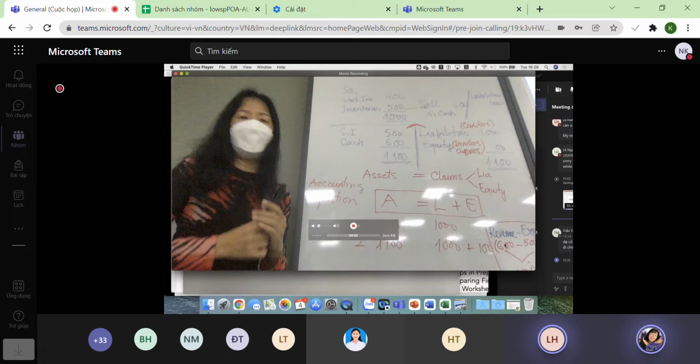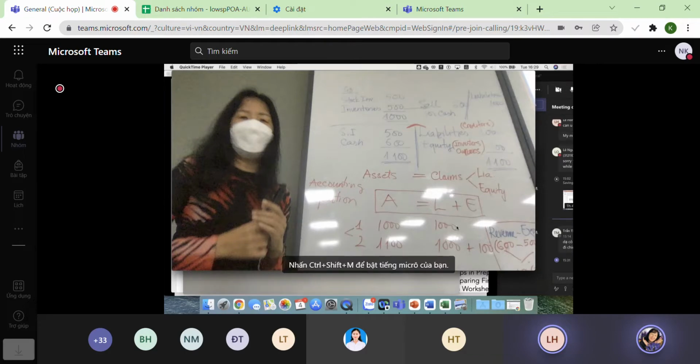Revenue and expenses. And the accounting equation will be the navigator. You know navigator? Or the tool to analyze business transactions.